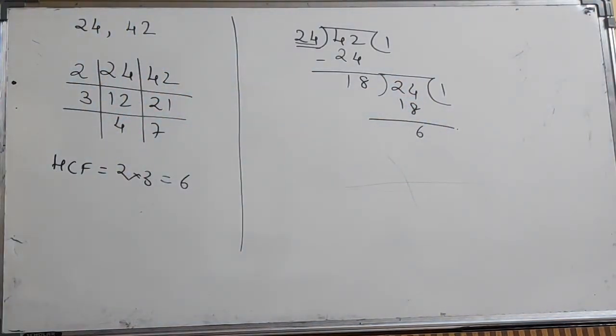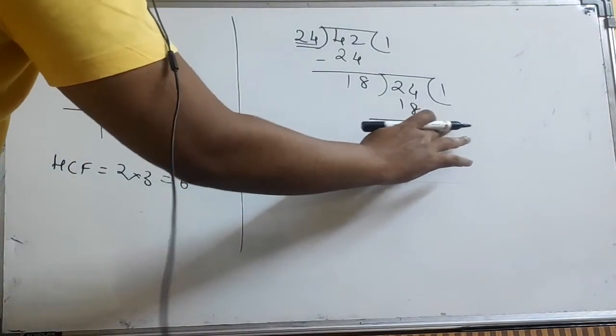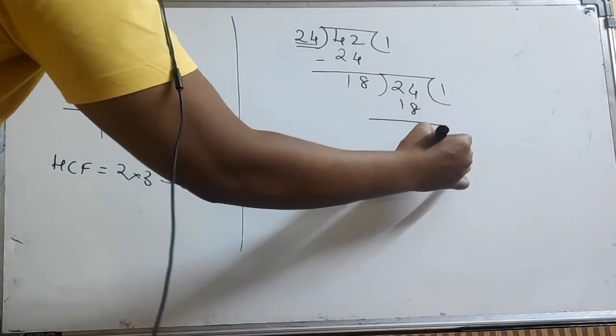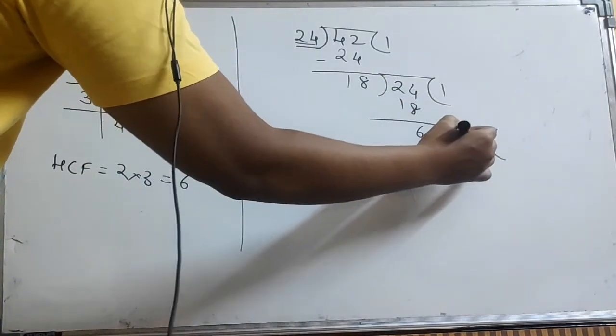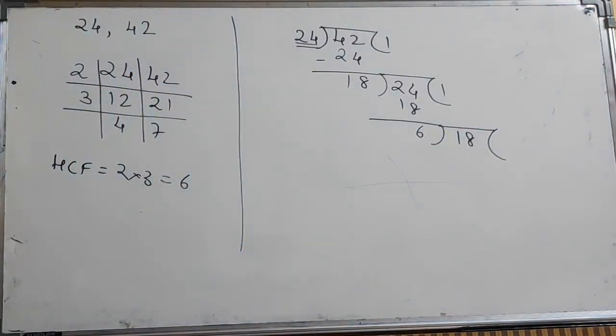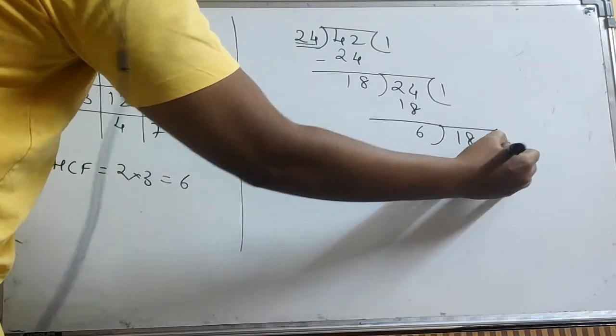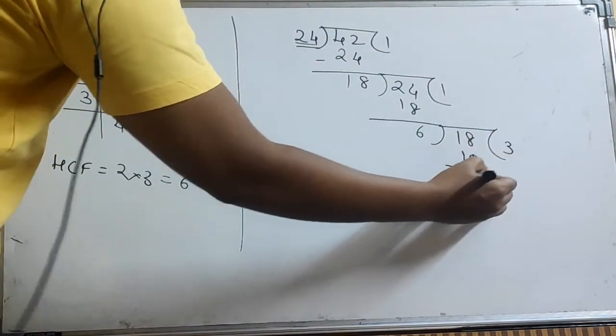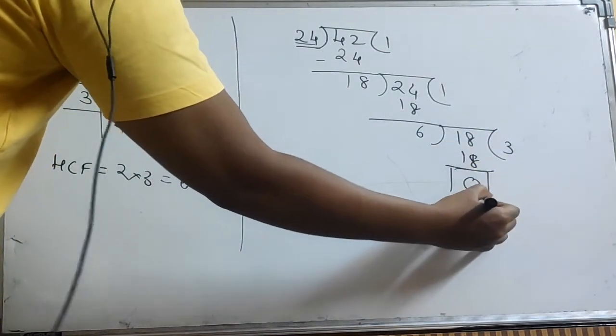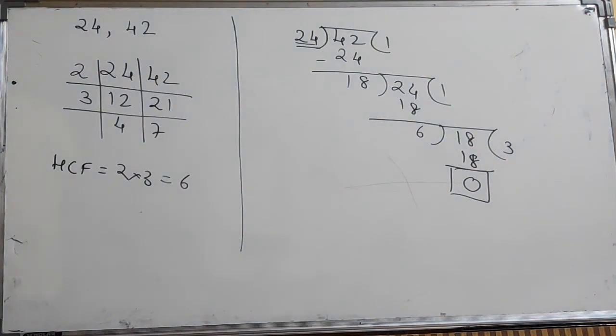Okay, now again I'm going to divide this 18 by 6. Now 6 3s are 18. Now once you get the remainder as 0, you stop your division. The division stops.